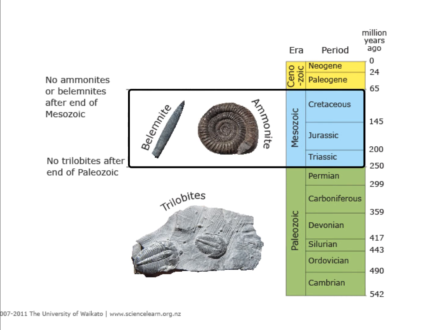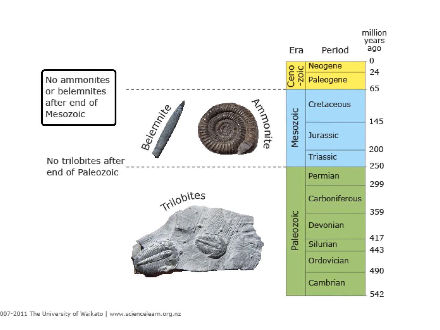And also from about 250 to 66 million years ago, belemnites and ammonites predominated in the fossil beds. But after about 66 million years ago, no more of those were found from 66 million years ago to the present. So there was another major extinction event at 66 million years ago, which also killed all of the dinosaur species as well, and about 70% of all other species.